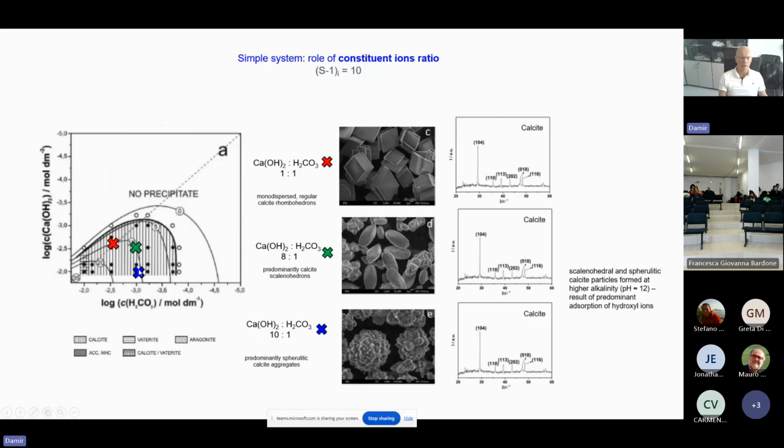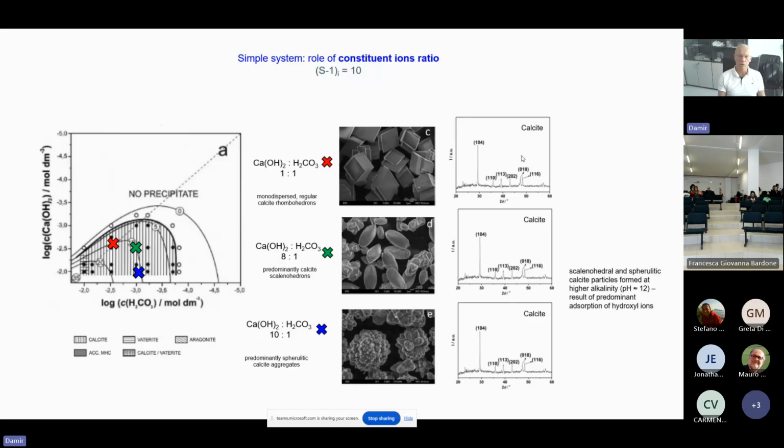And finally, in this point here, the concentration of calcium hydroxide is even much higher. It is 10 times higher than the concentration of carbonic acid. In all this region, we know that calcite should precipitate. We learned that this is calcite, and actually we confirmed this by structural analysis, X-ray diffraction.